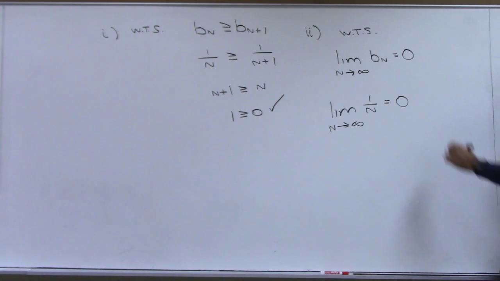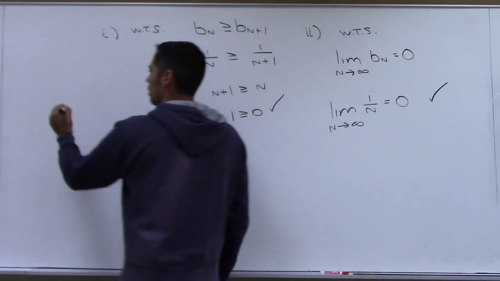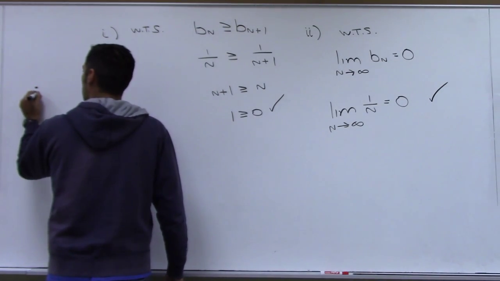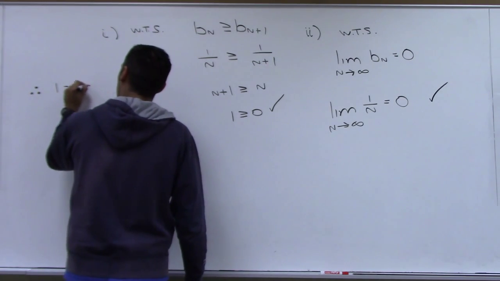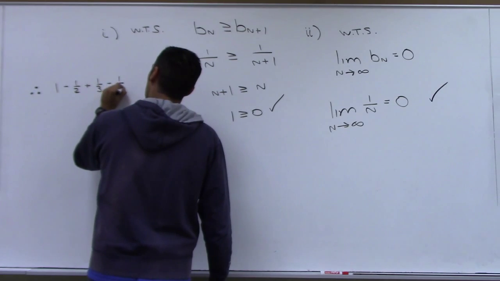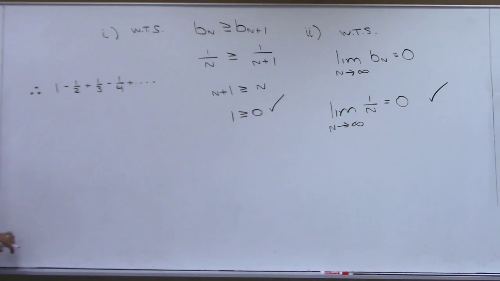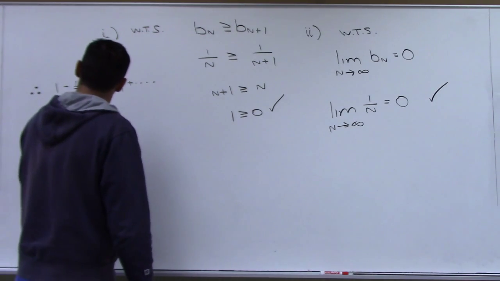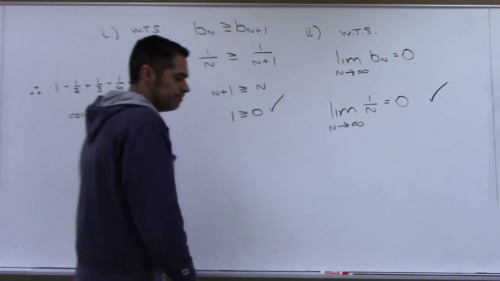Is it true? Yes? What's my conclusion? Therefore, 1 minus a half plus a third minus a fourth does what? Converges.